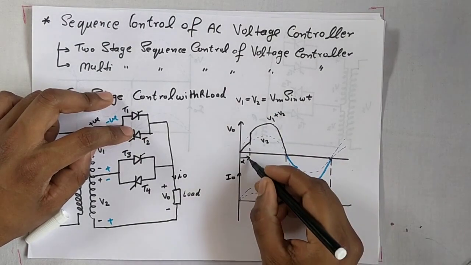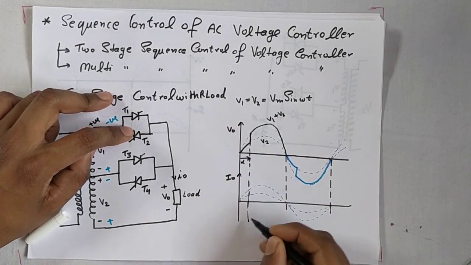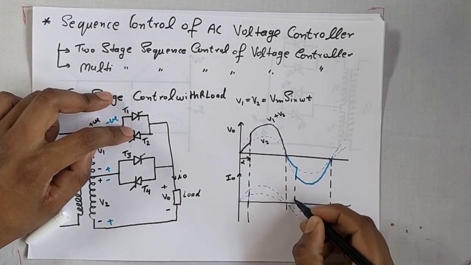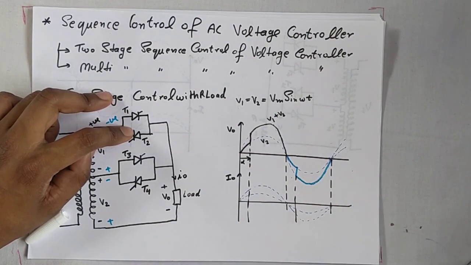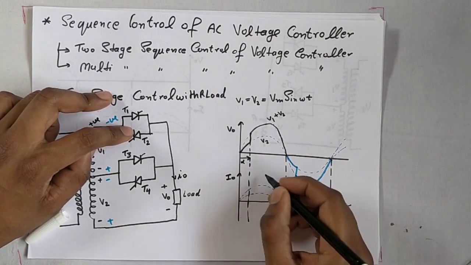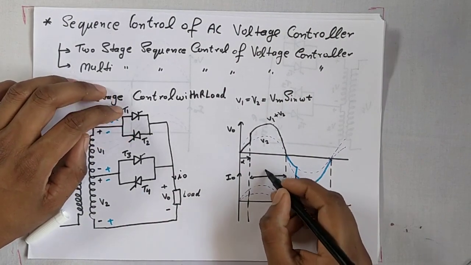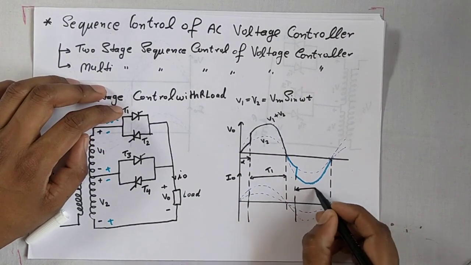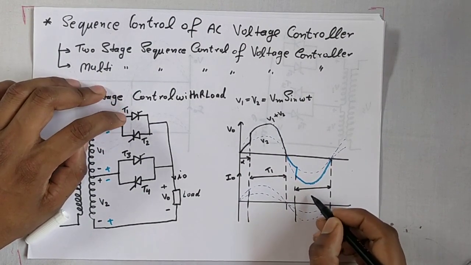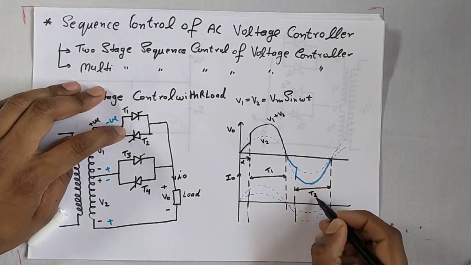So let's draw this again. In this, from here to here, which one is on? T1 is on. From here to here, which one is on? T2 is on.